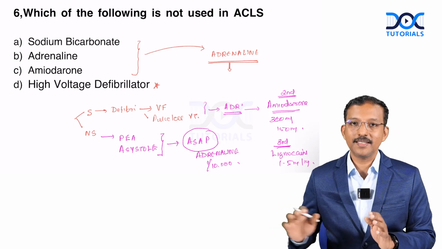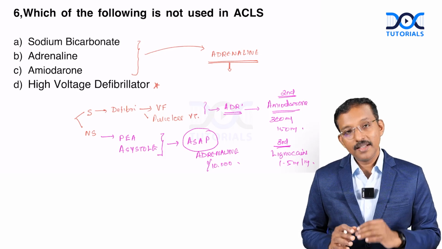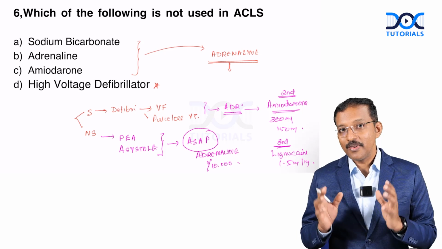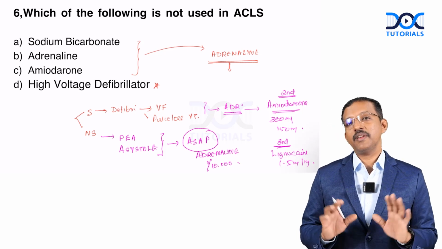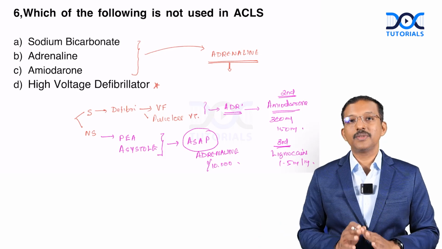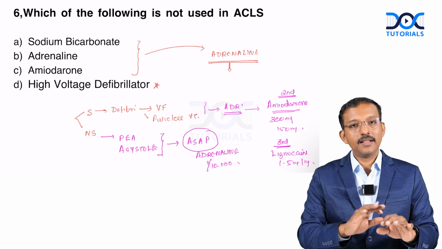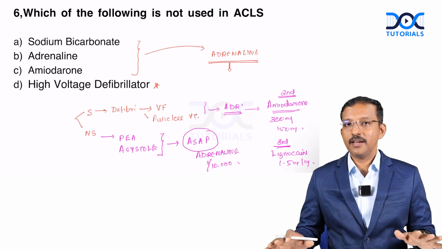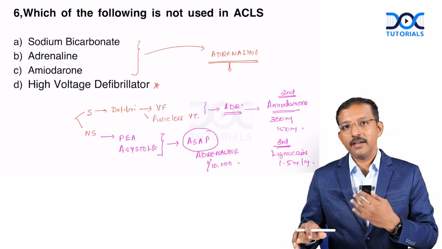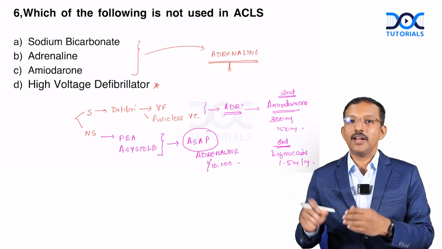But in all this discussion, we have never discussed sodium bicarbonate. Why sodium bicarbonate always comes to your mind is that in earlier guidelines, there was sodium bicarbonate. Whenever you thought there can be acidosis, cardiac arrest and poor perfusion, they thought there would be a lot of peripheral pooling of blood, and peripherally there would not be elimination, and there can be acidosis, and to correct this acidosis we have to give bicarbonate.